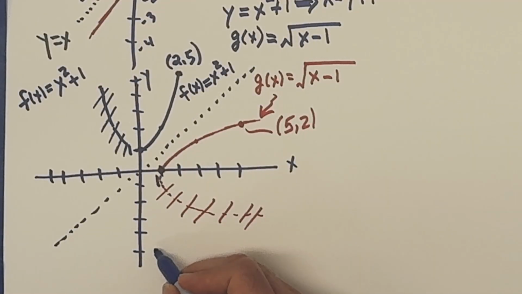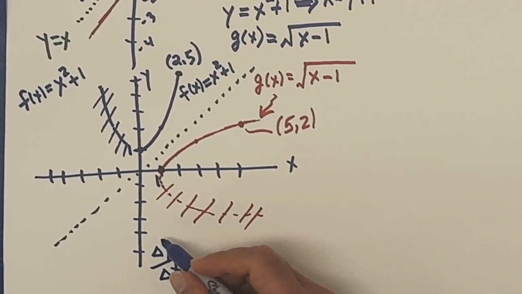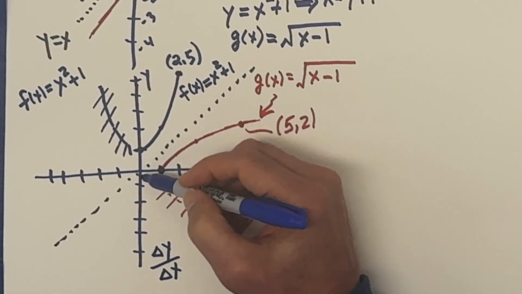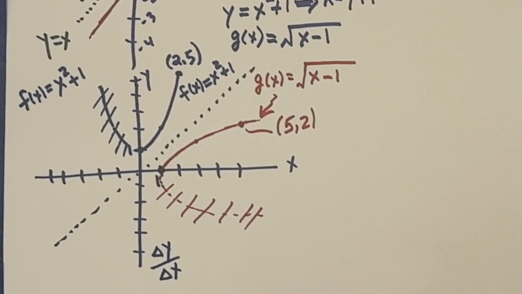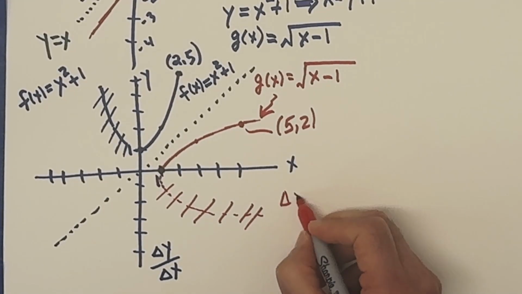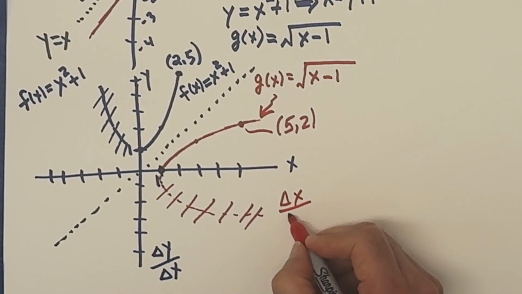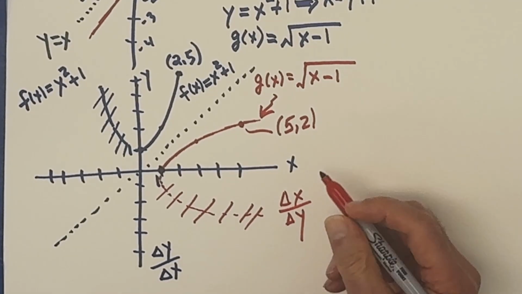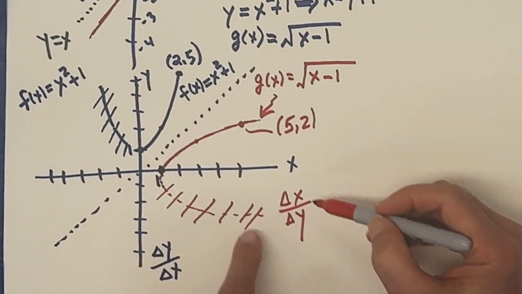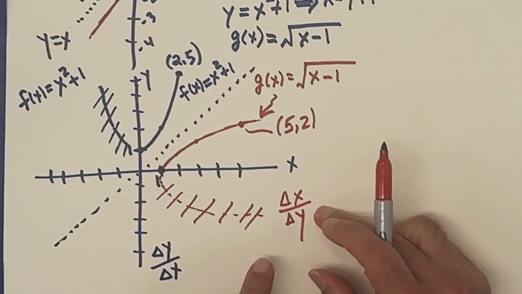A derivative is a rise over the run, but when you have a dy over dx for the blue one, and then if we're going to do a swap with the variables, and we look at delta x over delta y, for this case, you're going to be looking at a swap.